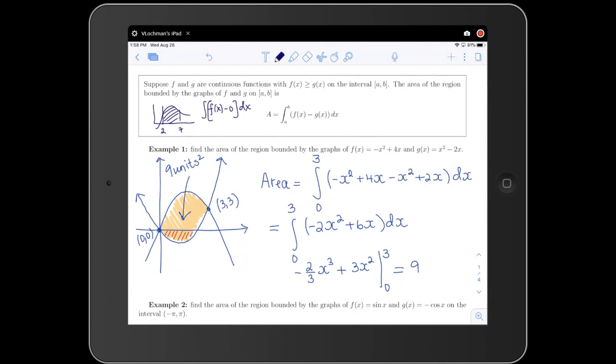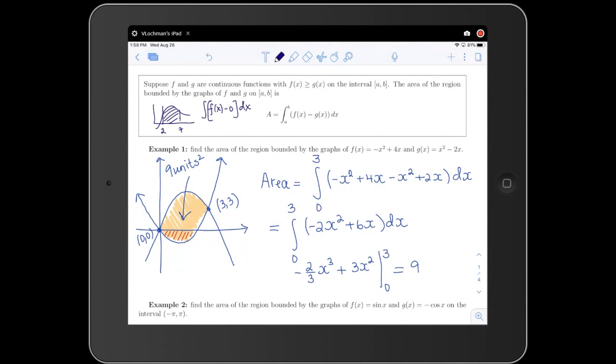So we always had that subtraction. It's just that the other function was always the x-axis. That was your bound. And now here, for this example, our lower bound is no longer the x-axis. Our lower bound is another function. Does that make sense?